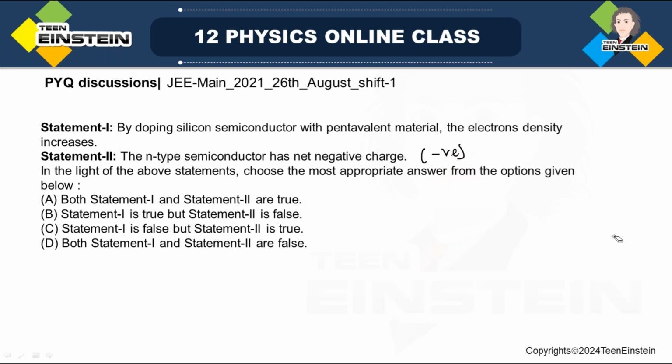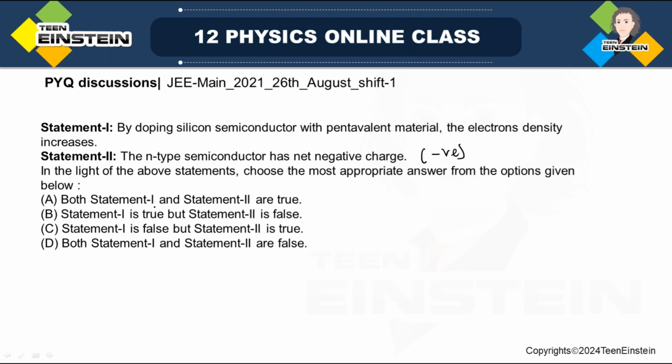So the nucleus acts as positive and 1 electron will be extra. Earlier it was neutral, and after doping also the doped semiconductor will be neutral only. So there will be no net charges.